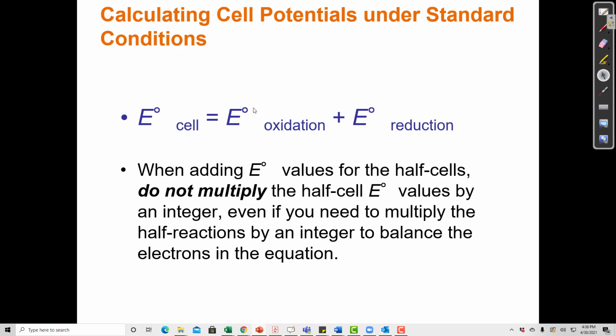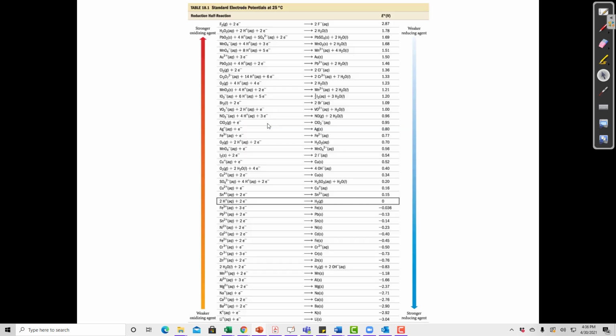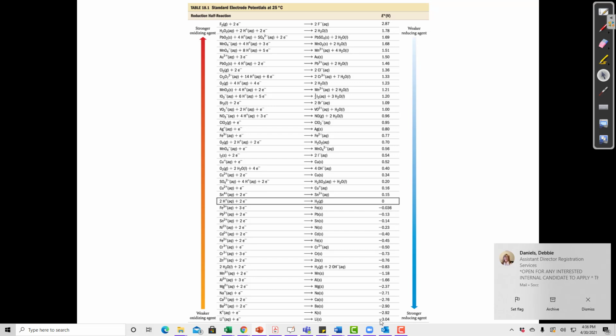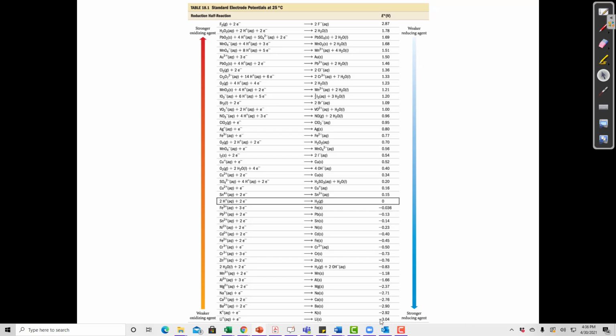For the oxidation potential, I would have to take the reduction potential and multiply it by -1 in order to turn it into an oxidation potential. In other words, if the reduction potential of this reaction is plus 2.87, then the oxidation potential of this reaction is minus 2.87. And vice versa here. The reduction potential is negative 3.04, but the oxidation potential is positive 3.04.